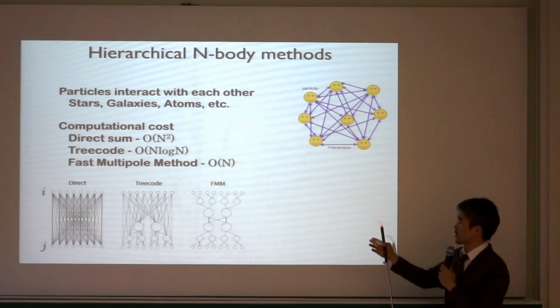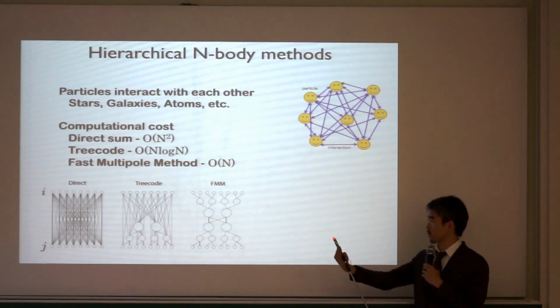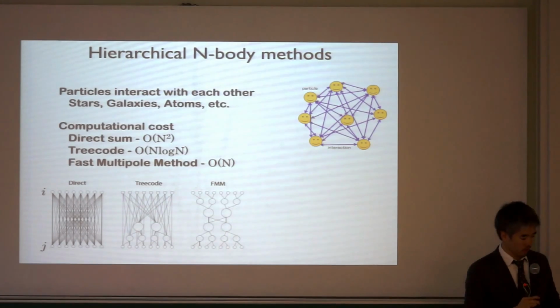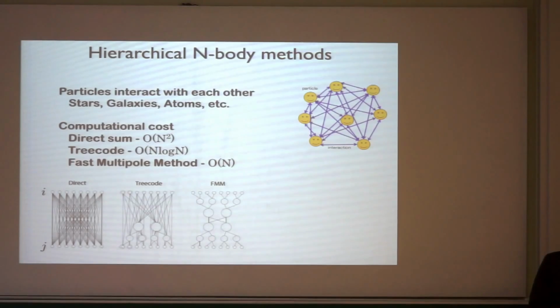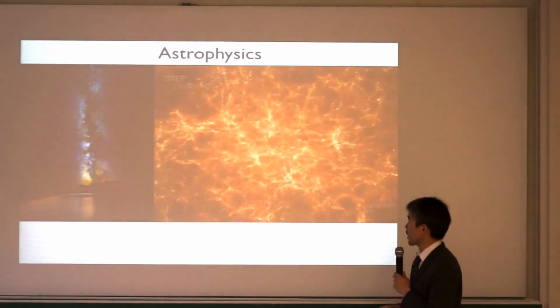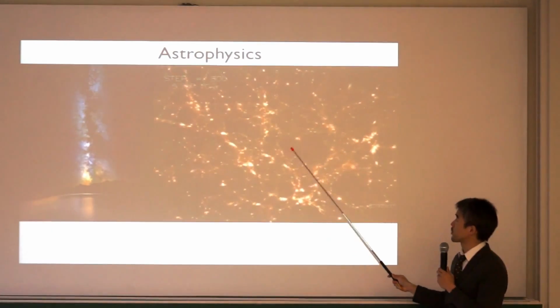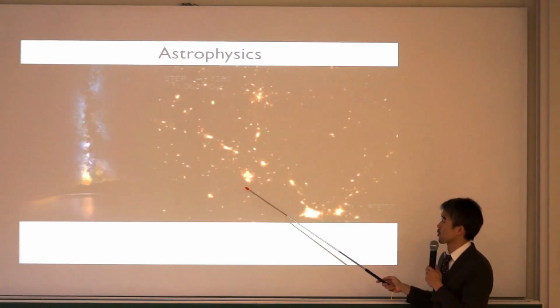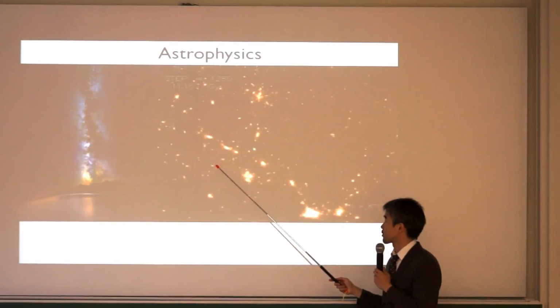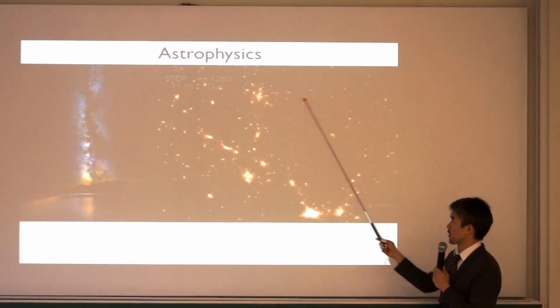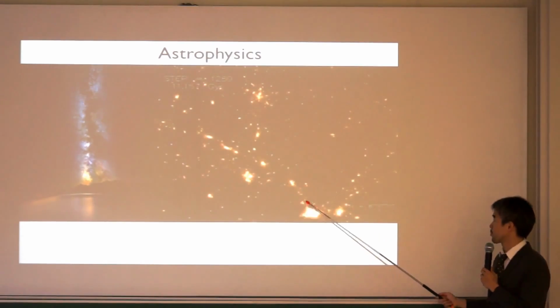So this is a very high-level description of what the FMM is. I'd like to give you a few examples of where it's being used. In astrophysics, each of these bodies, one point can represent more than one star, like a cluster of stars, but still, you want to calculate the interaction of these galactic bodies.